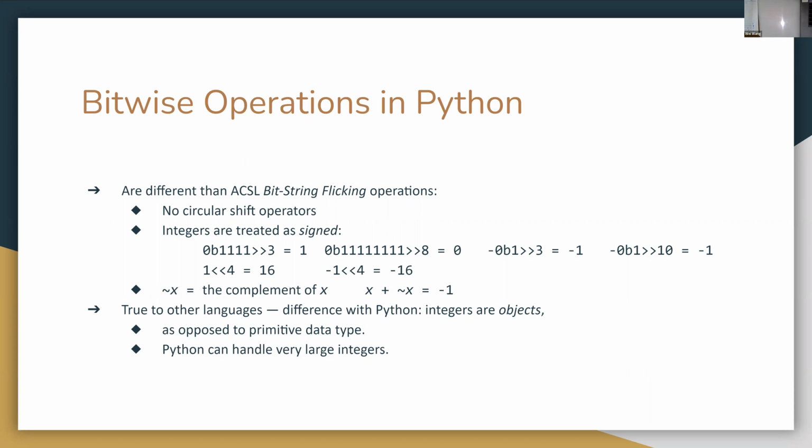But in Python, because an integer is an object, it has a different way of dealing with the sign. When you do a left-right shift, if you shift left, it will fill up the right end with zeros.